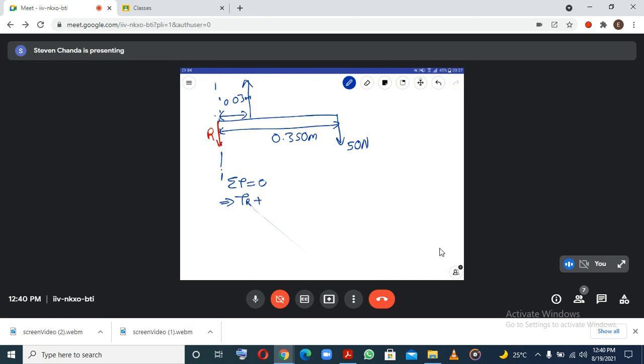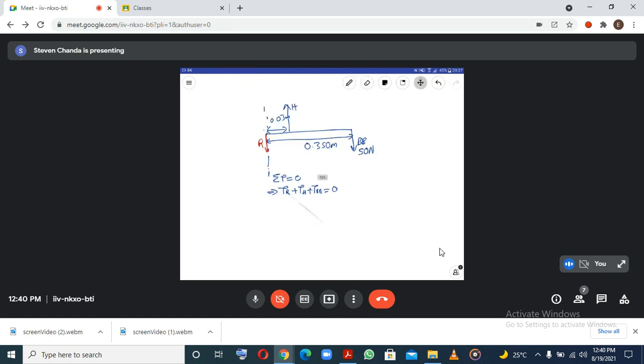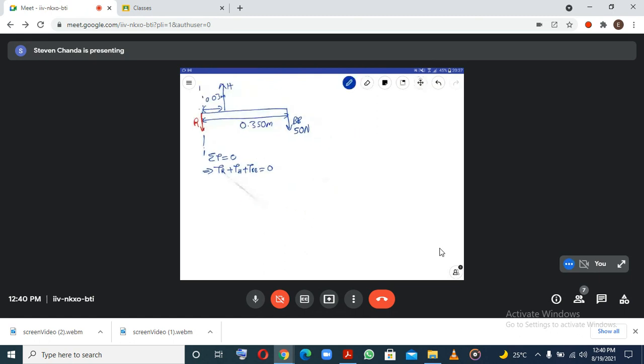For the biceps, let's make it B, and for the bowling ball, we can make it BB. Their sum has to be zero since this thing is in equilibrium. So now let's look at the signs. Of course we know this R is where our axis of rotation is, so its torque is zero, perfect.